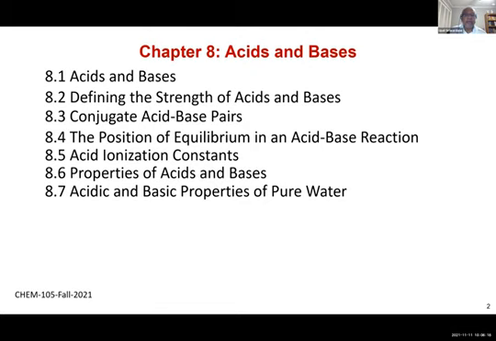pH and pOH are basically mathematical concepts of hydrogen ion concentration. P is a mathematical way of expressing hydrogen ion concentration, which is minus log hydrogen ion concentration. You take the log of hydrogen ion concentration and change the sign.